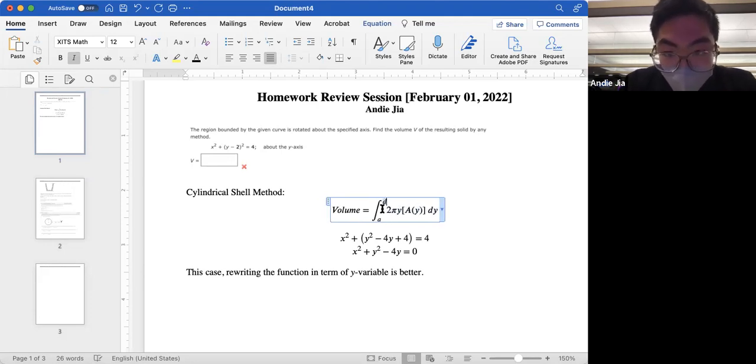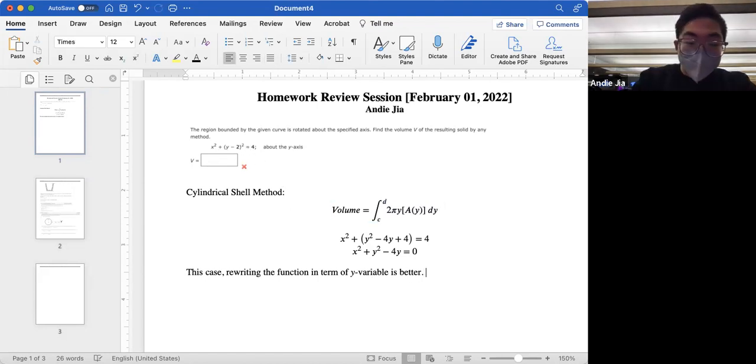The function in this one is going from c to d. It's equal to 4, and it's a 2 and a 2 there. So this is just an ellipse.